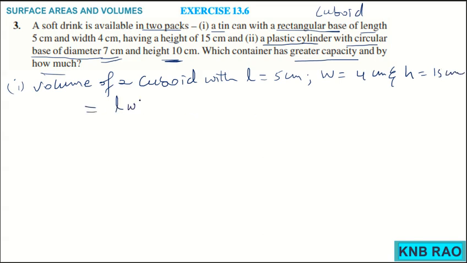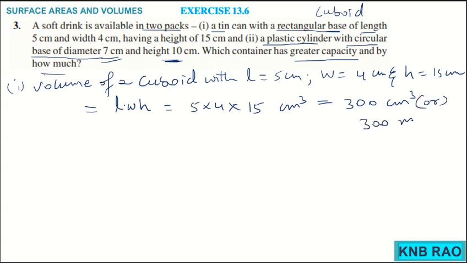L B H or L into W into H. It is nothing but 5 into 4 into 15 centimeter cube. If you multiply, you will get the value, 5 4s are 20, 20 15s are 300 centimeter cube. Now can I say this in mLs? If I want, I can tell it is 300 ml of liquid, or soft drink, that is there in that. So that's how we can take.